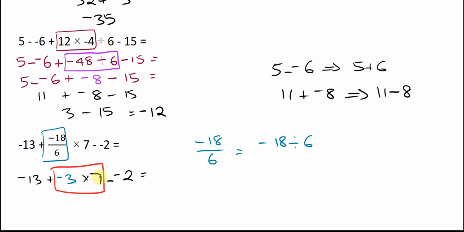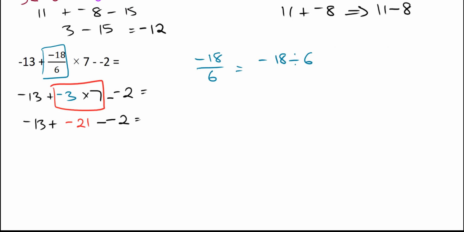So -3 times 7, and that gives me -21. So just rewriting the rest of the sum around it, minus -2. So now I've just got addition and subtraction. I can go ahead and solve. -13 plus -21, that gives me, so 13 plus 21 is 34, so -34.